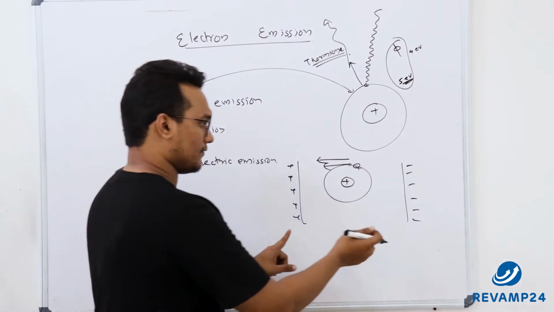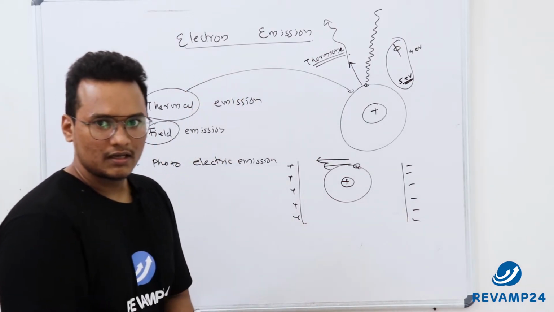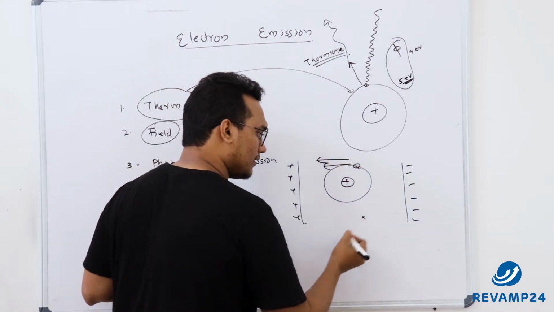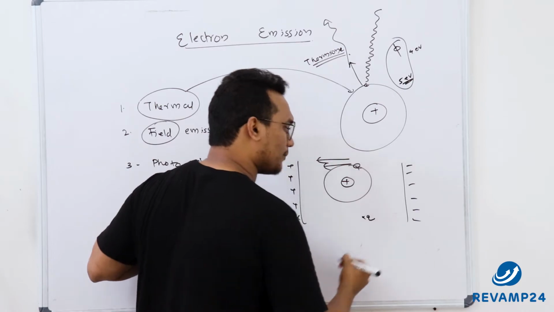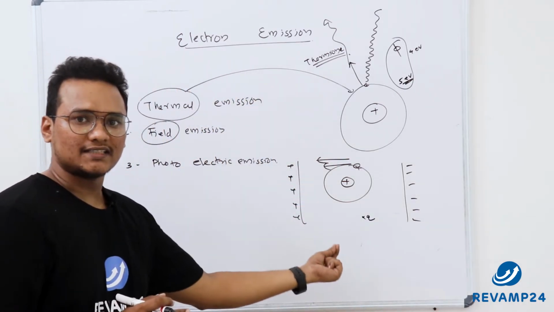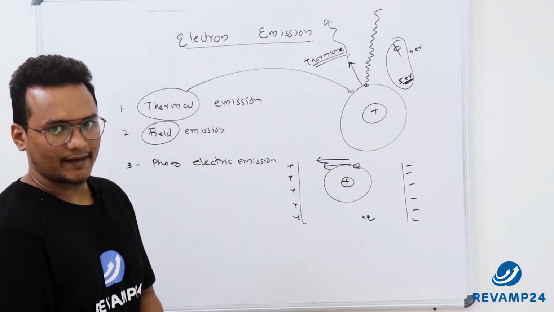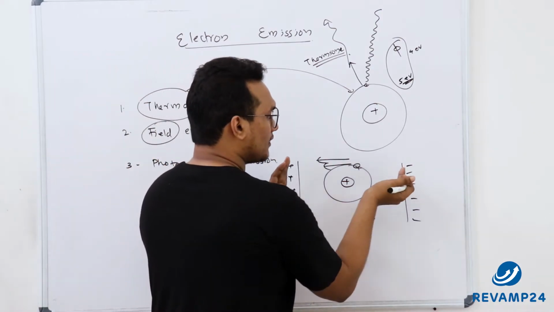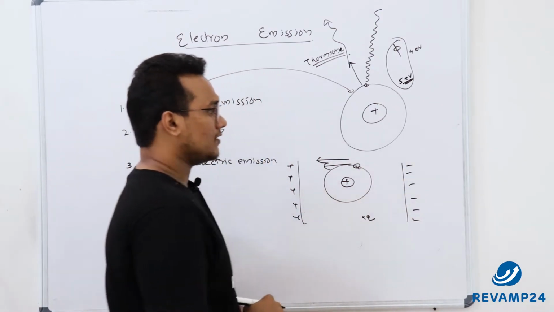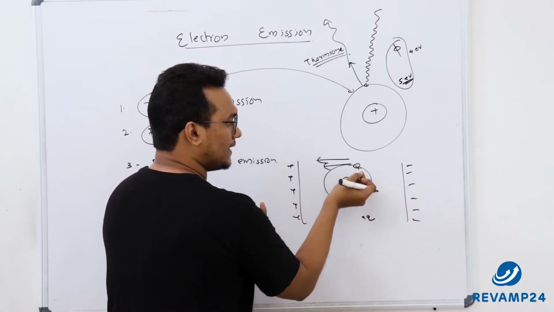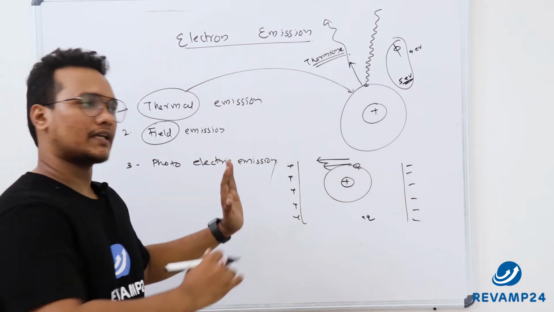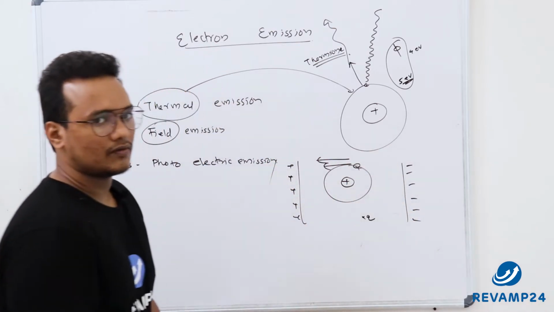Whenever we are providing an electric field, at any point in the electric field we can measure the potential. Whenever a charge is kept at that potential, that charge will carry potential energy, right? This can be explained with the help of force: the higher this force, the higher the tendency to come out, or it can also be measured with the help of electric field.